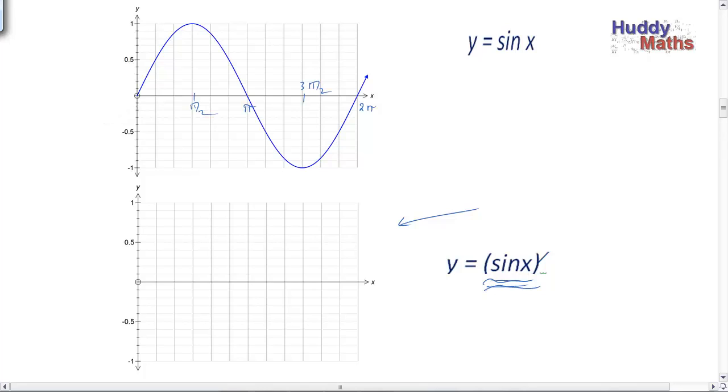When x is naught, the slope of the tangent, let's see if we can draw a tangent in, something like that. If we tried to measure the slope of that, y step would be 0.5 over x step. Now, the x step is in here somewhere. I shouldn't have put that there. It should be over here. Bit rough this is. So it's a bit less than one of these.